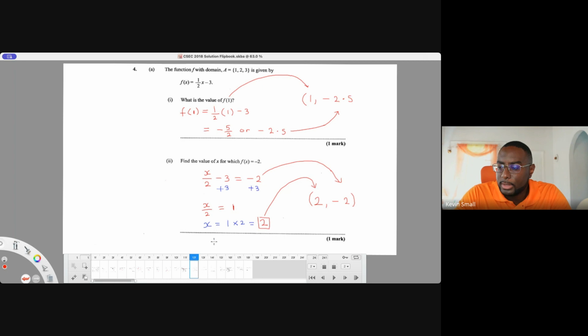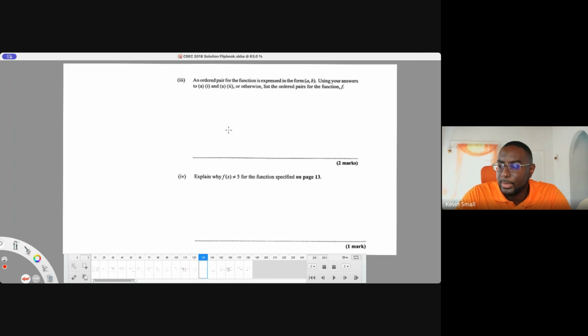So to answer this question, it says use your answers. So basically I will just put back in the answers again. 1 comma negative 2.5 is the first coordinate. The second coordinate is 2 comma negative 2. But there's one more that can possibly go into this function.